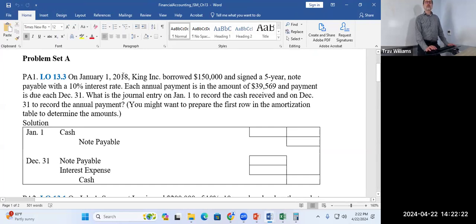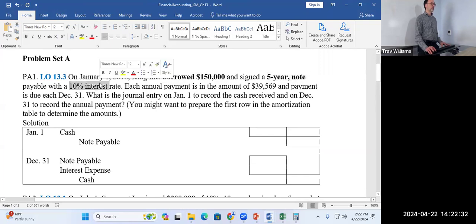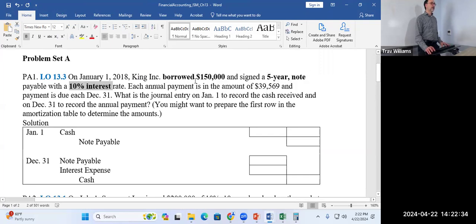So let's read through this together. The company borrowed $150,000. They signed a 5-year note with a 10% interest rate. The payments are $39,569 per year.